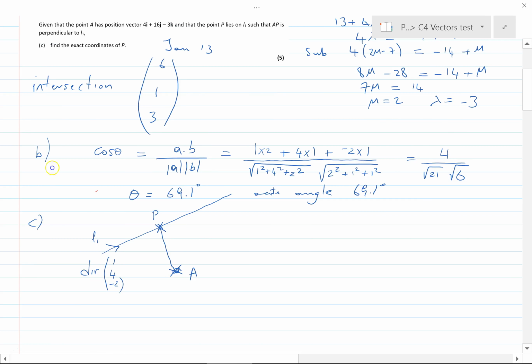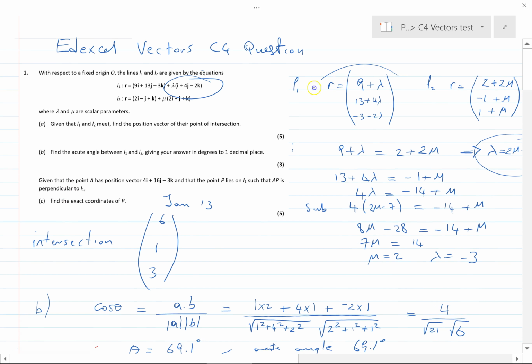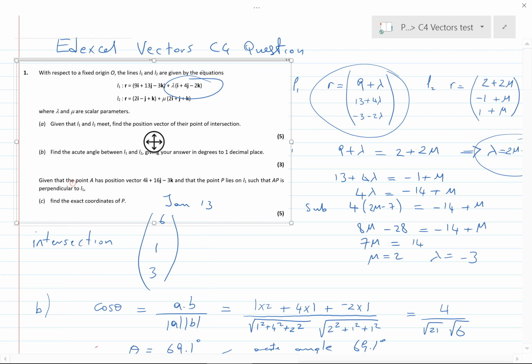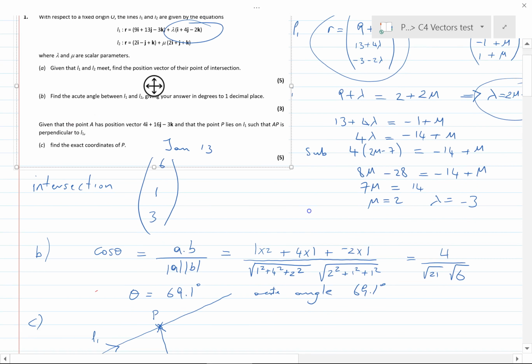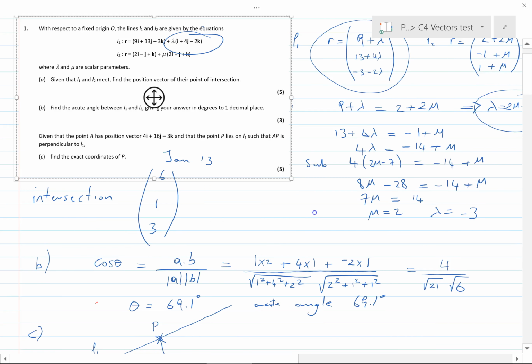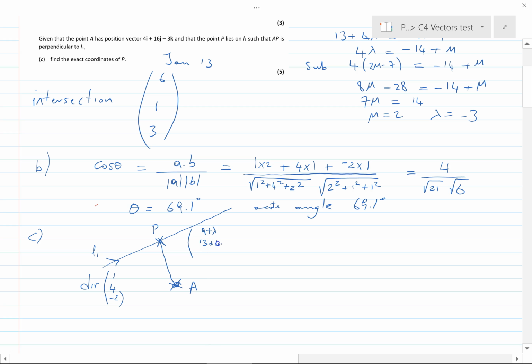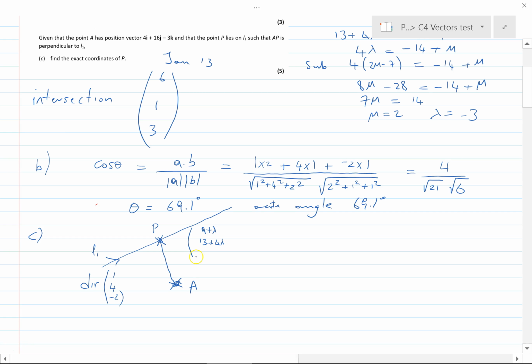Right, what would be useful is to actually write P as a general point on the line, and we're going to use this form that we had here: 9 plus lambda, 13 plus 4 lambda, and then finally minus 3 minus 2 lambda.